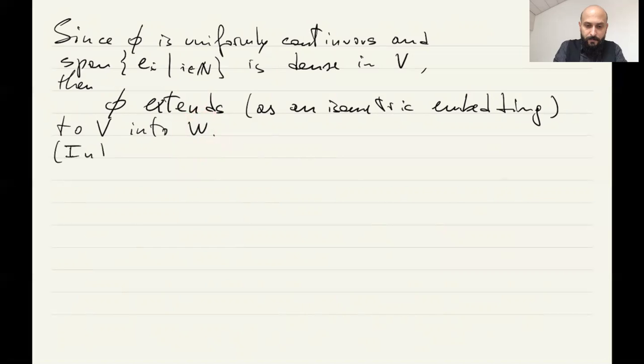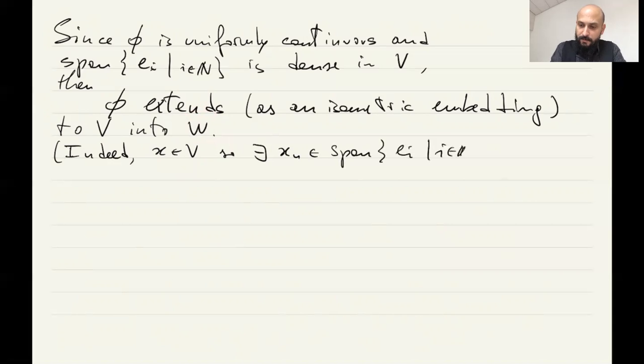Indeed, what do we do? We take an element x in V. So there exists x_n in the span of the a_i's such that x_n converges to x, then I can consider phi of x_n.